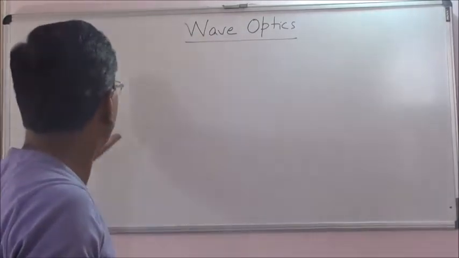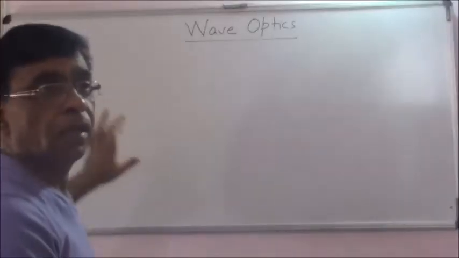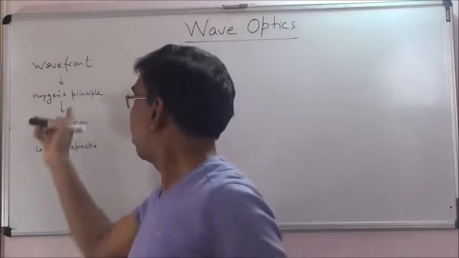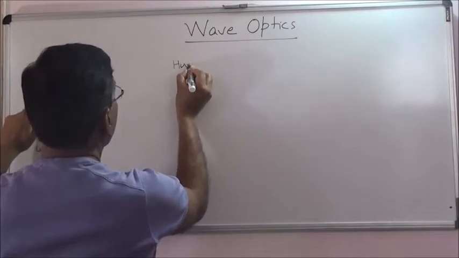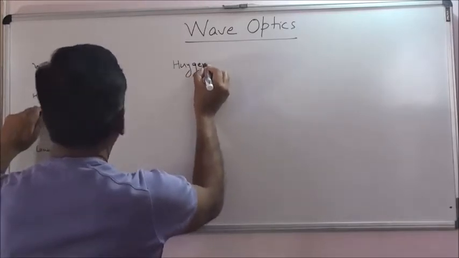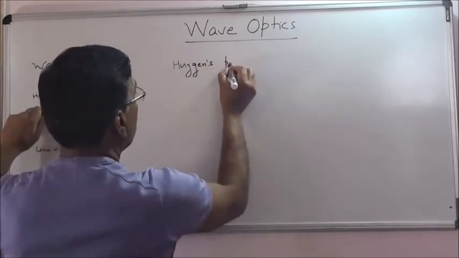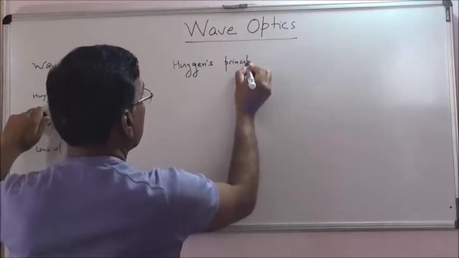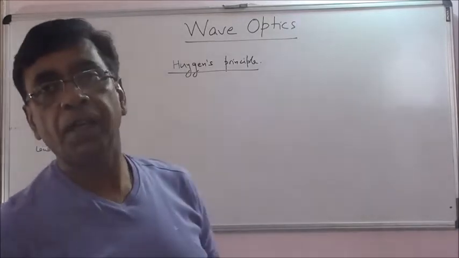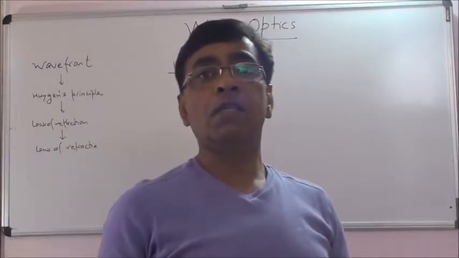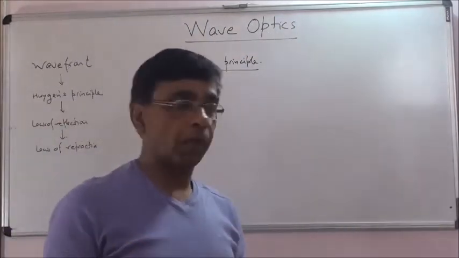There is a principle given by Huygens, Huygens principle. It is a method of finding the shape and position of a wavefront at any particular time. It's a geometrical construction method actually.